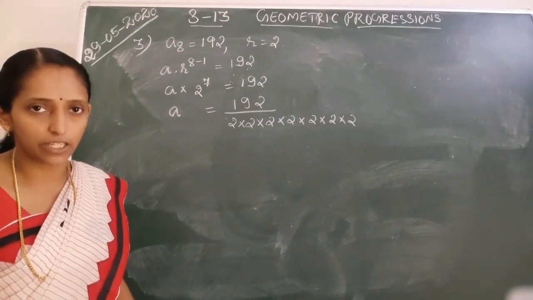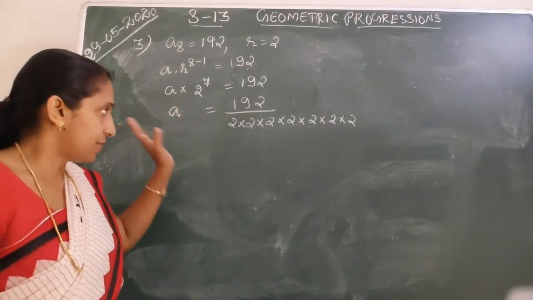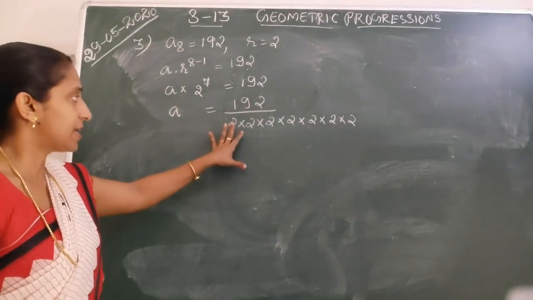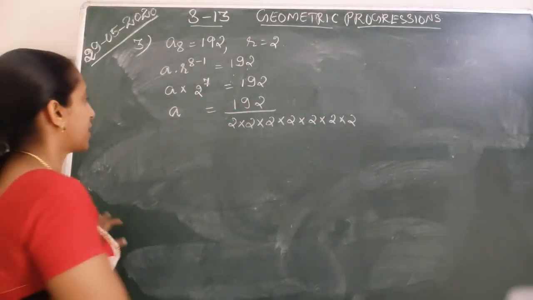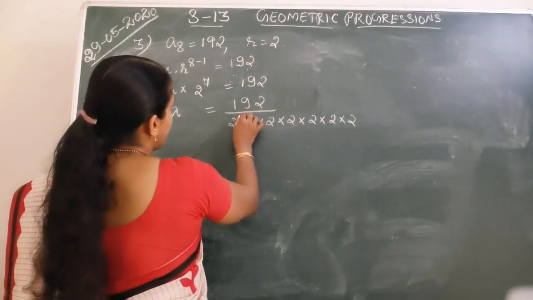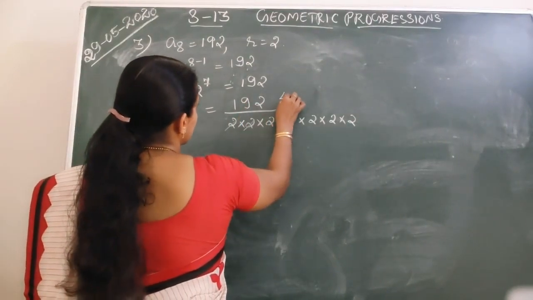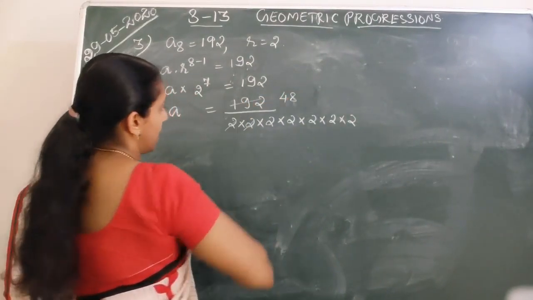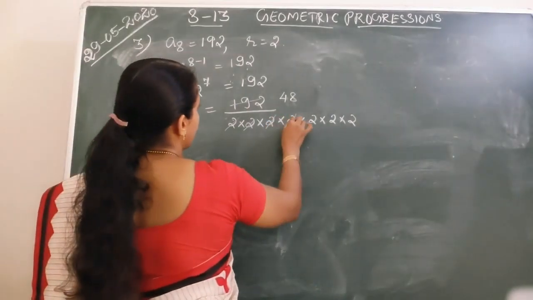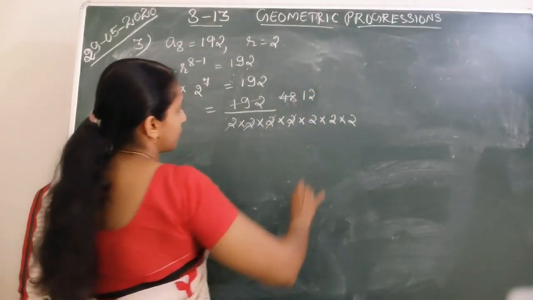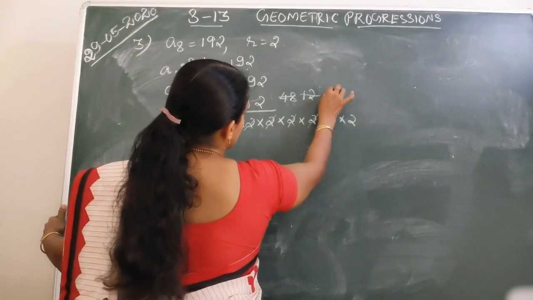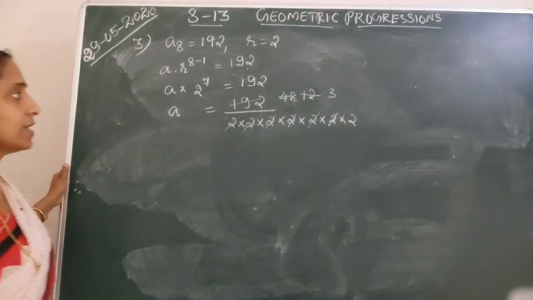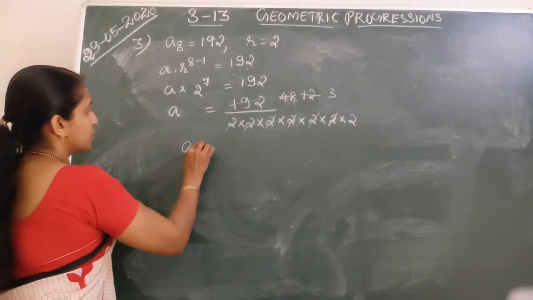Or if you don't know the power, you write it like this and simplify it: 4, again 4, 12 fours are 48, again 4, 3. So you are getting A as 3 by 2.